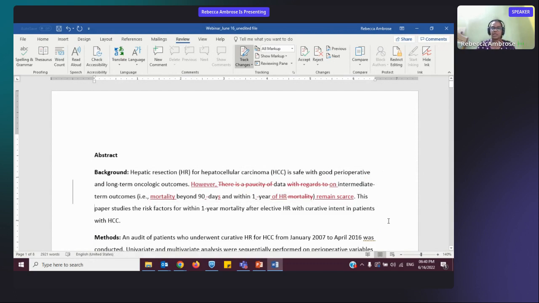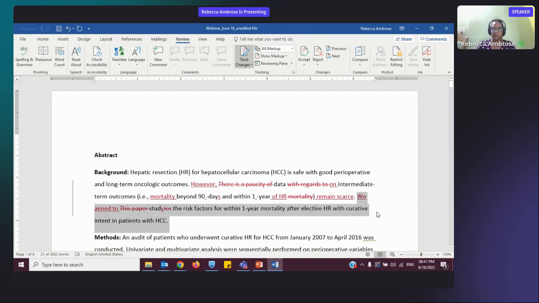And then we go on to the next sentence, which reads, this paper studies. Now I want to revise this because it's not a paper that is studying, it was the authors who are studying this. So we can say we aimed to study the risk factors for within 1 year mortality after elective hepatic resection with curative intent in patients with hepatocellular carcinoma.